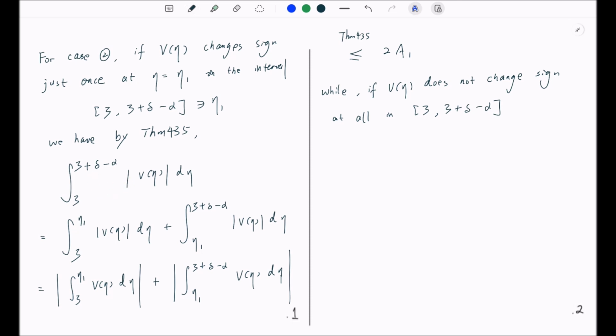Then the same integral here will be equal to the integral where you move the absolute value sign outside, which by theorem 435 is bounded by a1. So in either case, the general bound for this integral is twice a1. And we will use that bound next.